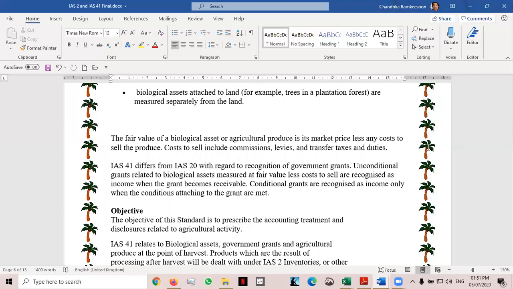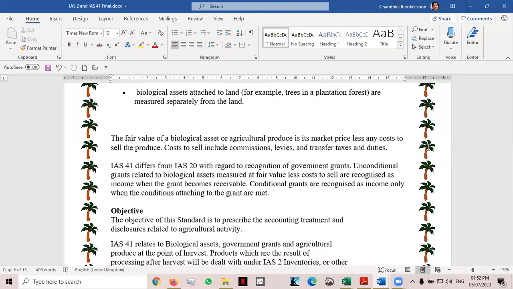Conditional grants are recognized as income only when the conditions are met. Now, this is not difficult to understand. What we are simply saying here is what we looked at previously when we looked at the IAS 20 standard. IAS 41 differs from IAS 20 with regard to the recognition of grants.